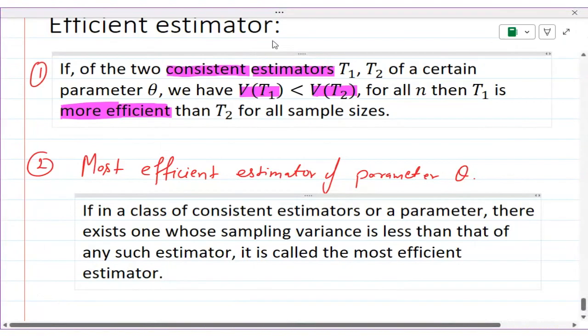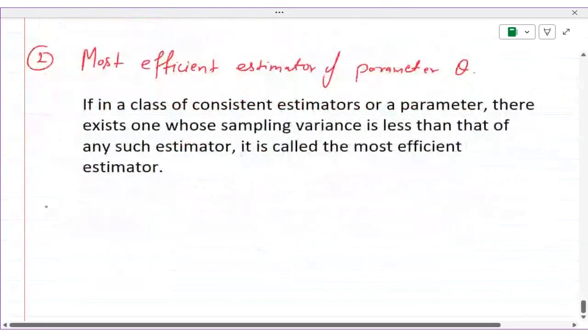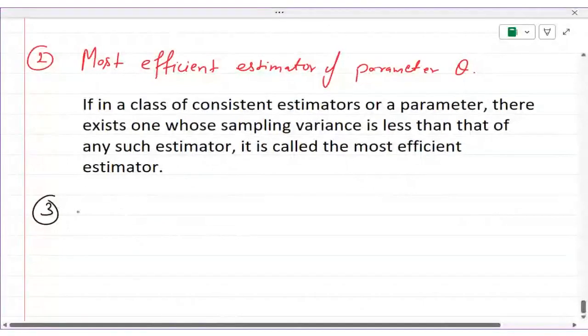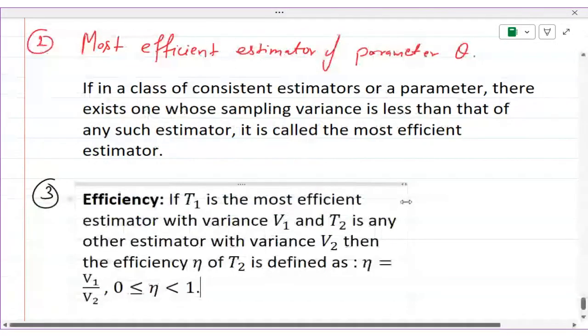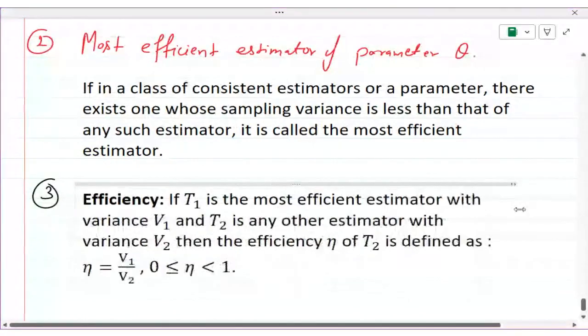Now the next definition is efficiency: how do we determine the efficiency of an estimator? First of all we see which one is the most efficient.